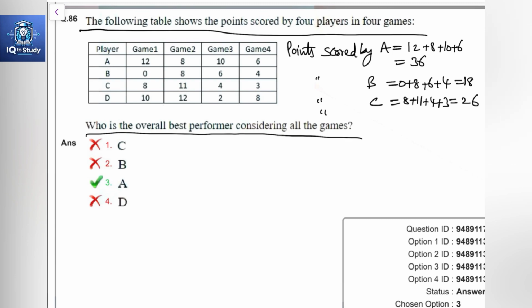And scored by D is equal to 10 plus 12 plus 2 plus 8, which is equal to 32. So while observing all the scores of A, B, C and D, the overall best performer is A, whose points is 36. So option 3, A, is correct.